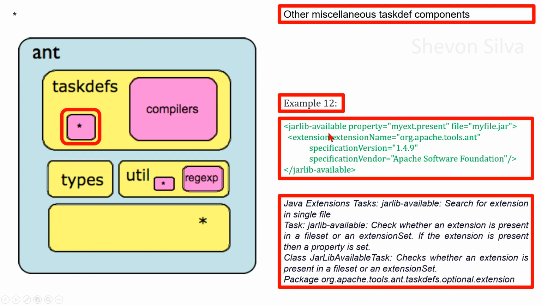If the extension is present, then a property is set. With regard to the API, the class checks whether an extension is present in a file set or an extension set. This is in the package org.apache.tools.ant.taskdefs.optional.extension.